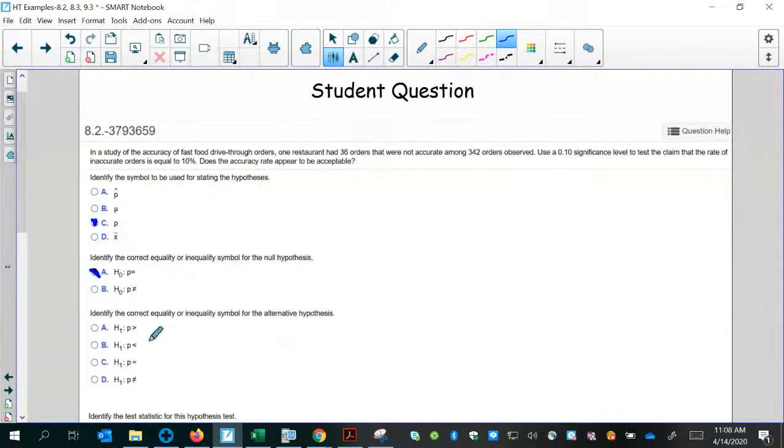And then the next question says, identify the correct equality or inequality symbol for the alternative hypothesis. All right, so in order to determine the alternative hypothesis, we need to know what the original claim was. So let's write down the original claim in symbols. The claim was that the population proportion P is equal to 10%. So that's my claim in symbols.